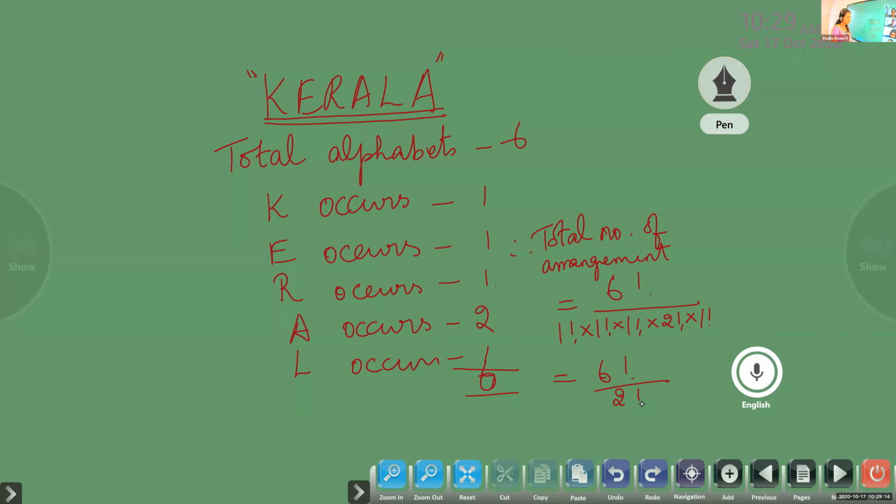What is the value of 1 factorial? Yes, Achyut? 1. Very good, 1 factorial is 1. So 6 factorial by 2 factorial.